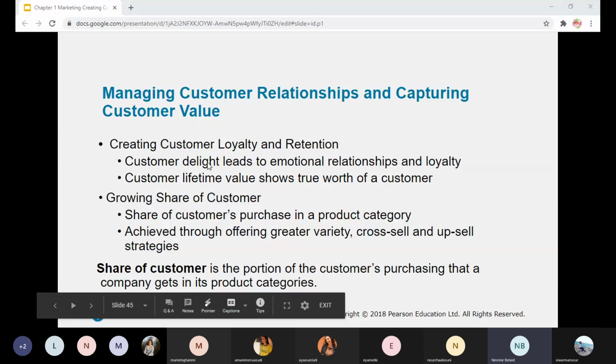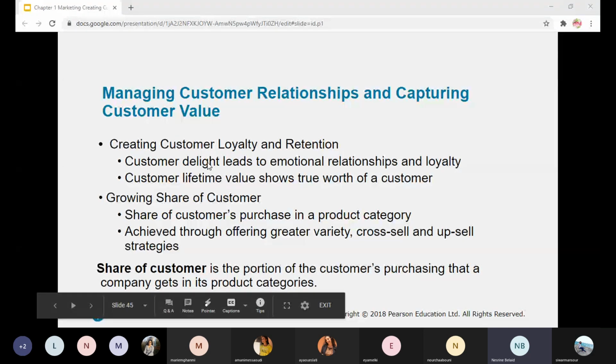So, building customer equity means the combined customer lifetime values of all current and potential customers. It measures a firm's performance, but in a manner that looks to the future. Choosing the best customer is key.